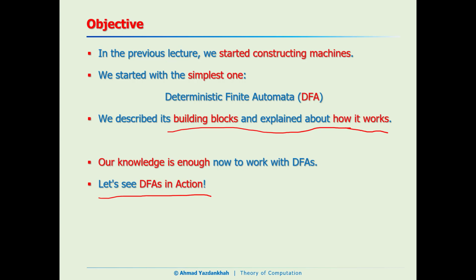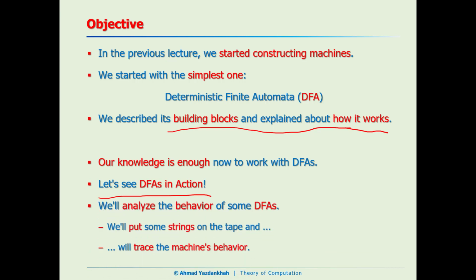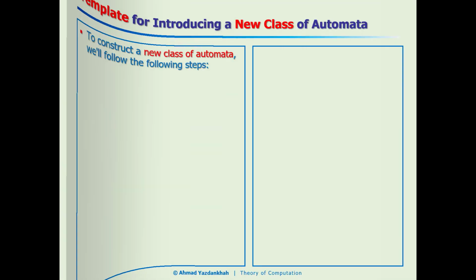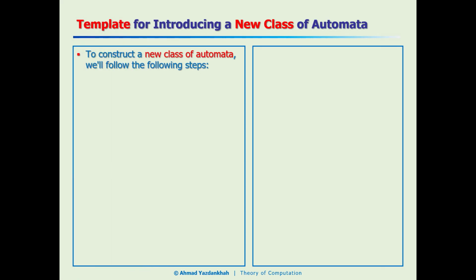In this lecture, we analyze the behavior of some DFAs, put some strings in the input and trace the machine's behavior. After that, we start designing some machines for some formal languages. We will follow the templates that we already talked about.